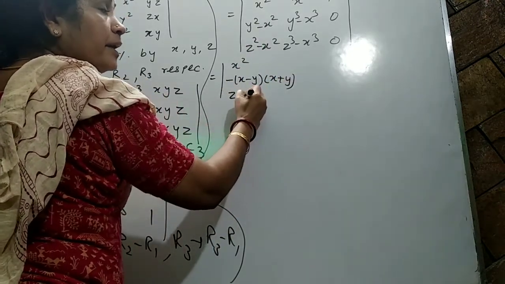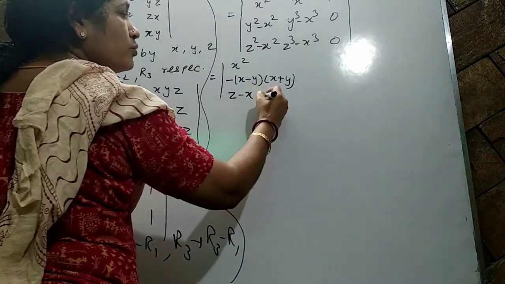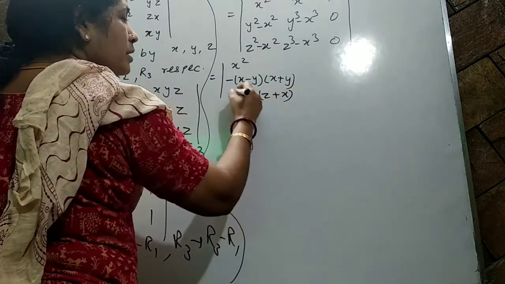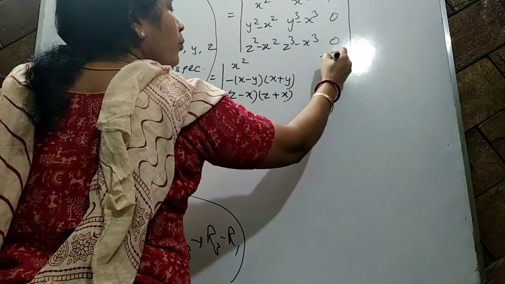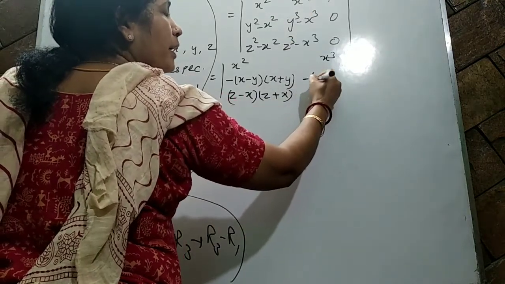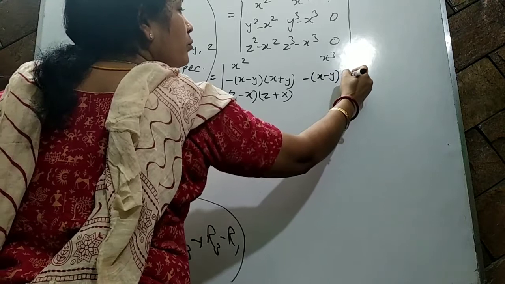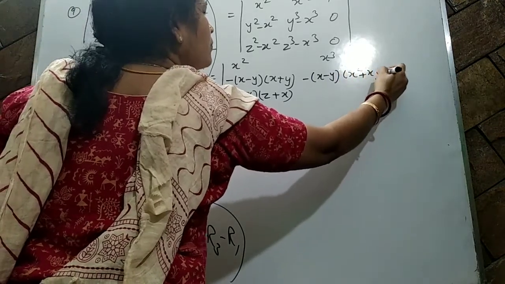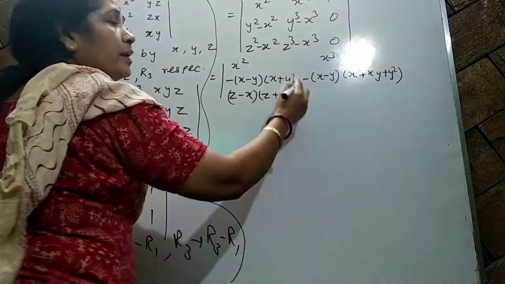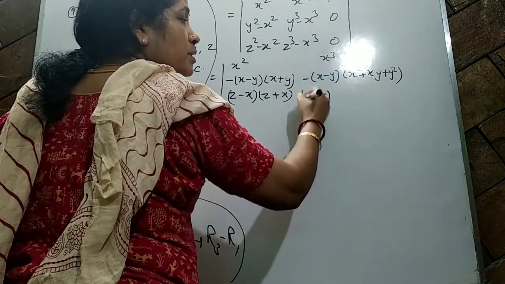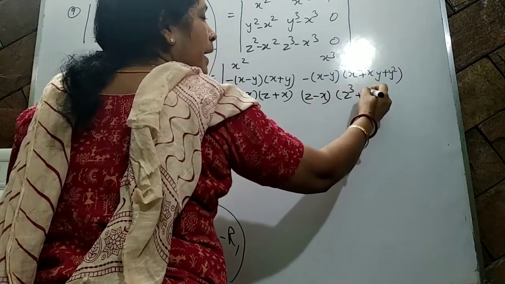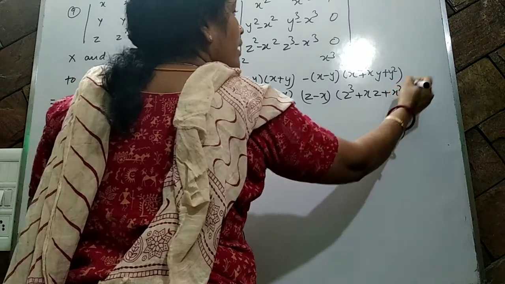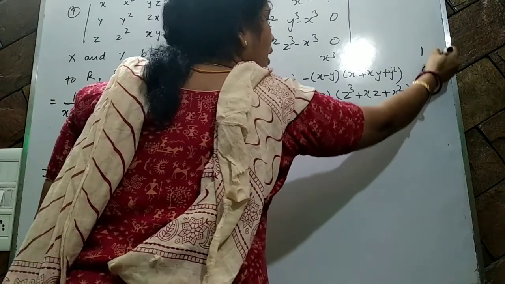Similarly, z minus x into z plus x, I can write it. Now for x cube, a cube minus b cube: if I take out minus, x minus y into x square plus xy plus y square. And z minus x into z square plus xz plus x square. Now 1, 0, 0. Are you clear?